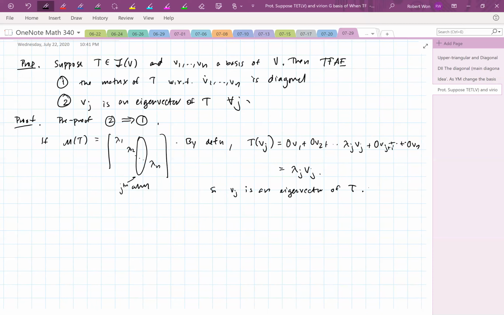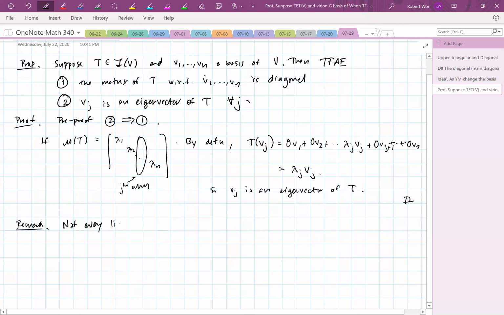Okay, but as you may remember, not every operator is diagonalizable, even over C. So remark. In other words, sometimes you just don't have a basis of eigenvectors. Not every linear operator is diagonalizable.